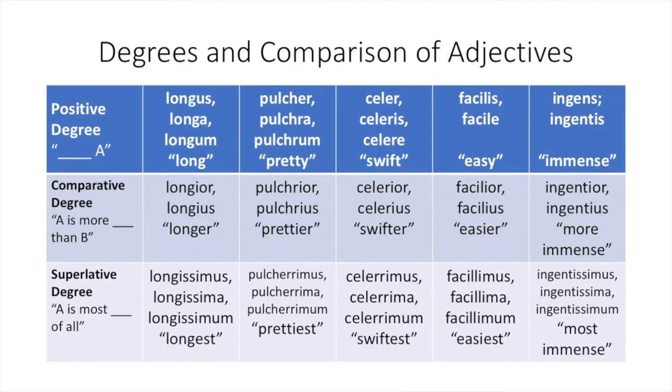So the positive ones where you're just describing a noun, the comparative where you're saying that A is more something than B and has that IOR, IUS in the nominative singular, or the superlative where A is most blank of all, with the issimus or the double ER emus or the double L emus in our superlative forms.